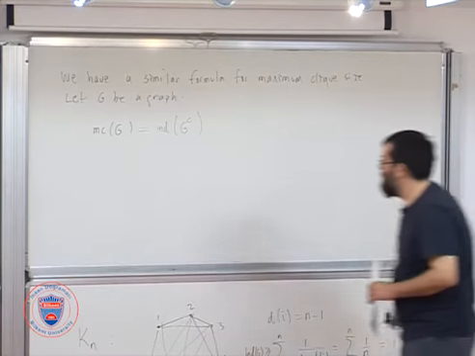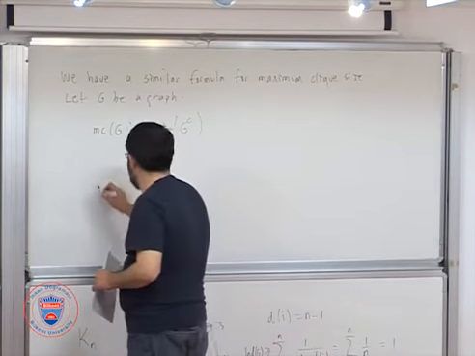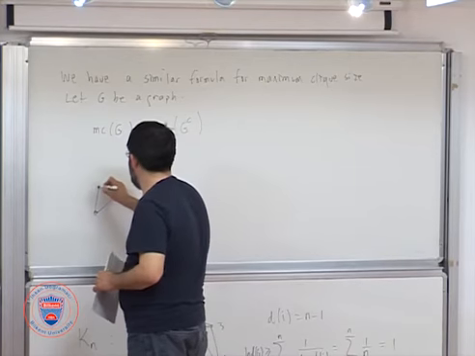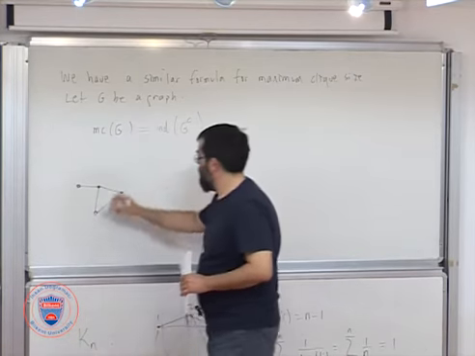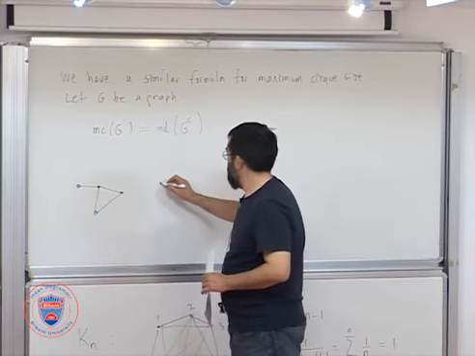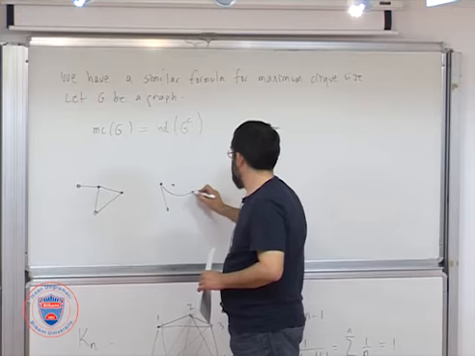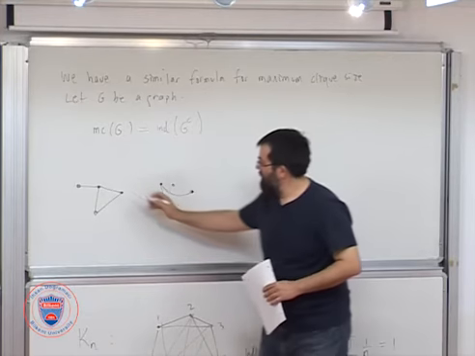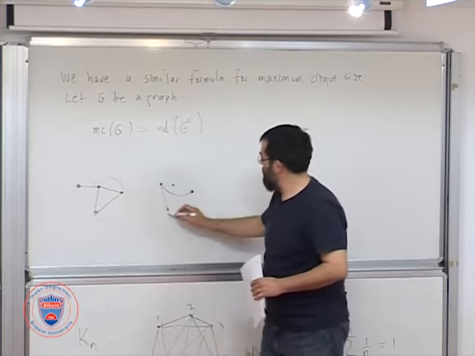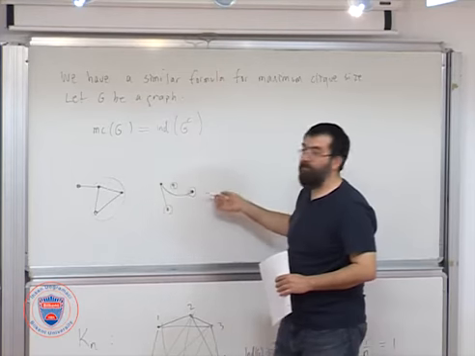So suppose you want to find the maximum clique size of here, which is 3. If you look at the complement graph, a clique size of 3 gives you an independent set of size 3.